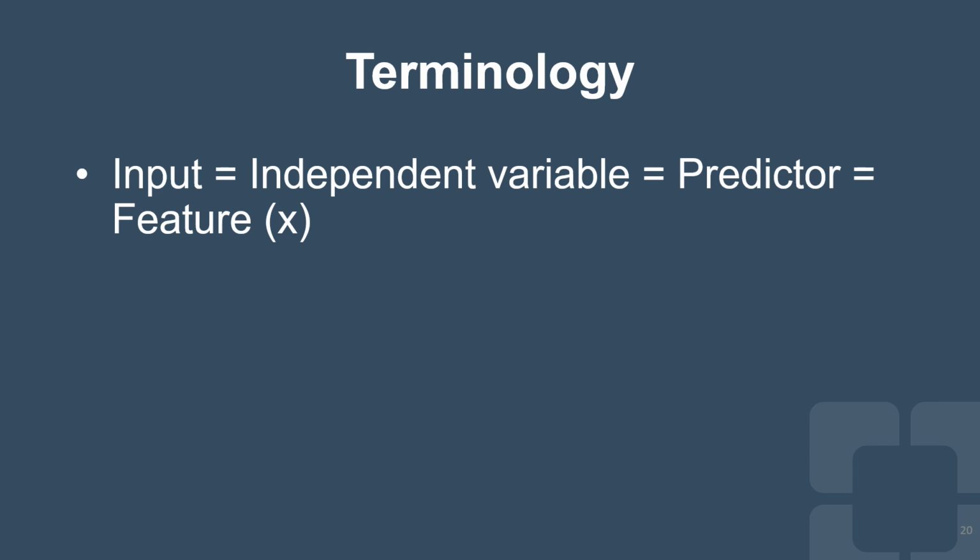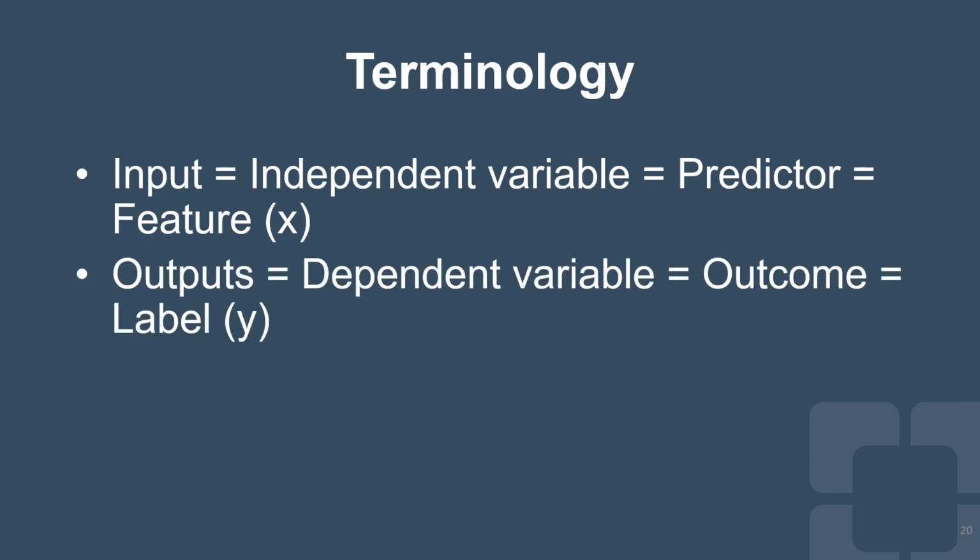Now let us take a look at some of the terminology used in machine learning. So most of us, when we think about research, we think about independent and dependent variables. In machine learning, the independent variable is called a feature. It's also the predictor or the input.